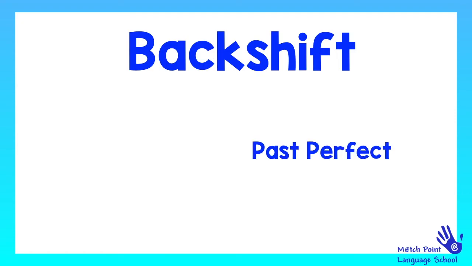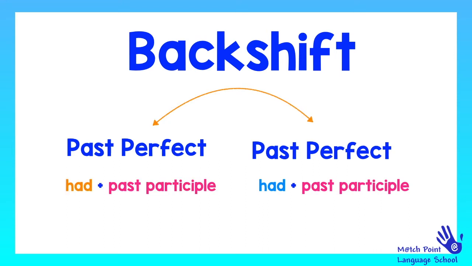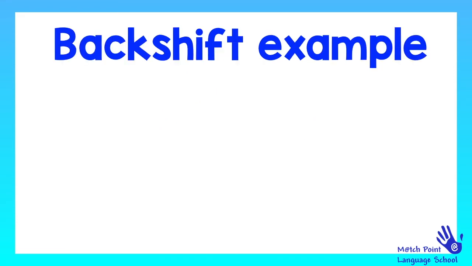Let's continue with the tenses in backshift. If we use the past perfect, which is had plus past participle, we will still use past perfect in the reported speech. Okay, so that doesn't change. There is no tense further back than the past perfect. Let's see an example.